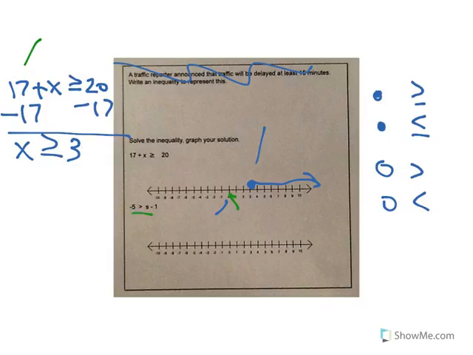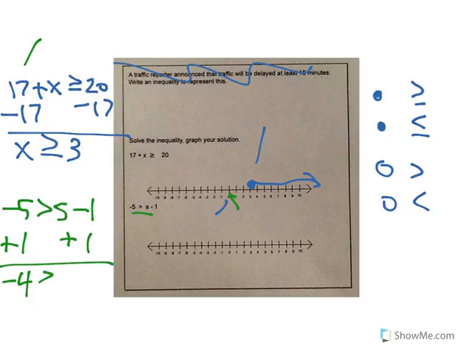So for this next problem, negative 5 is greater than s minus 1. I'm going to add 1 to both sides, and I end up with negative 4 is greater than s. So in this case, it's going to be an open circle, and negative 4 is greater than s, so it's going to be pointing that way.